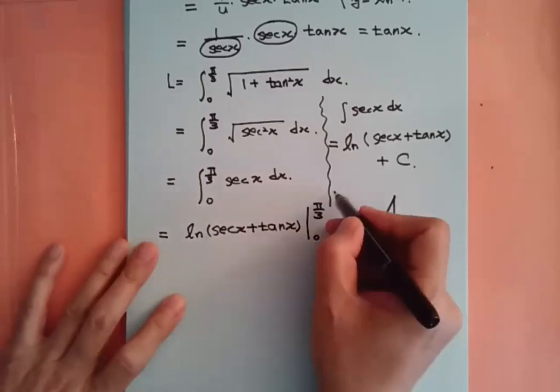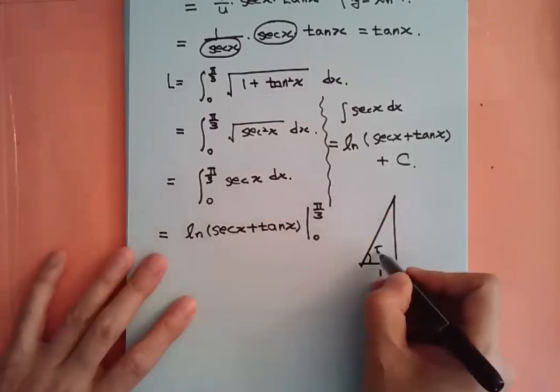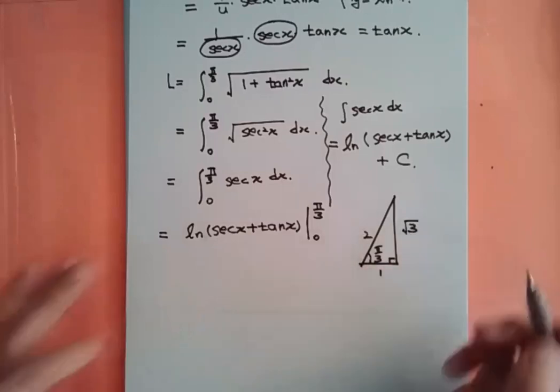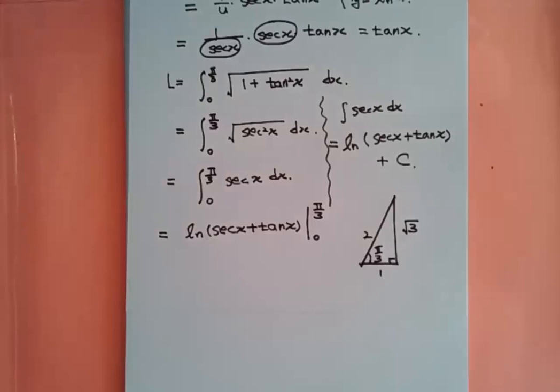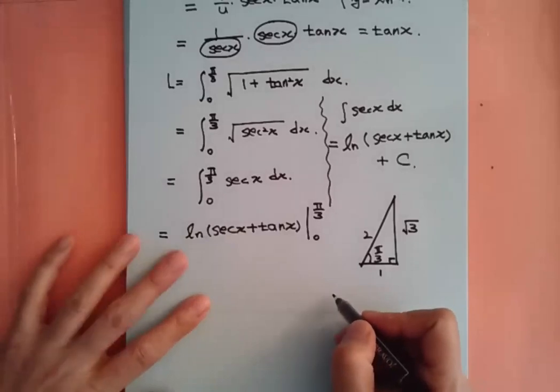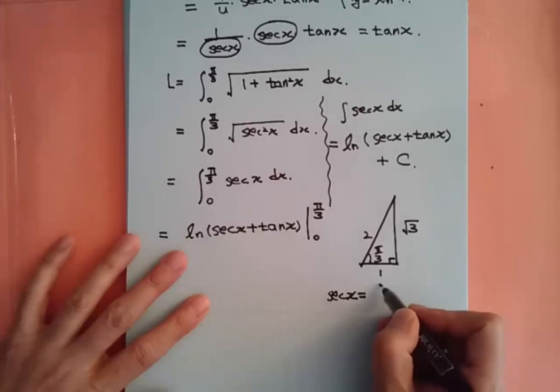So we think about the angle pi over 3. So we think about the 30, 60, 90-degree triangle. So we have to evaluate secant of x. Secant of x is 1 over cosine of x.